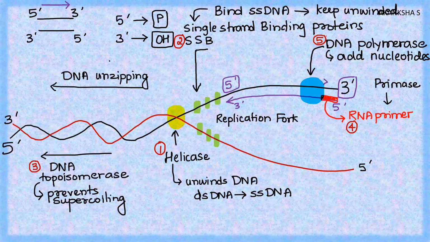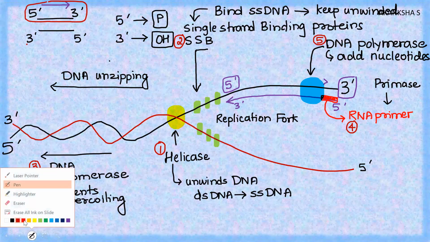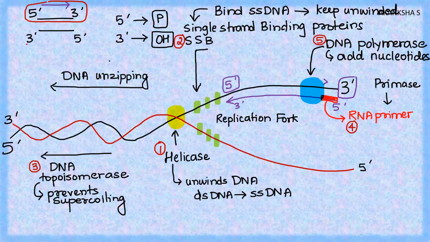Now remember what I told you: DNA is synthesized continuously in the 5' to 3' direction. Meaning this DNA that is being replicated over here from 5' to 3' is actually a continuous, or leading, strand. Why am I telling you this?